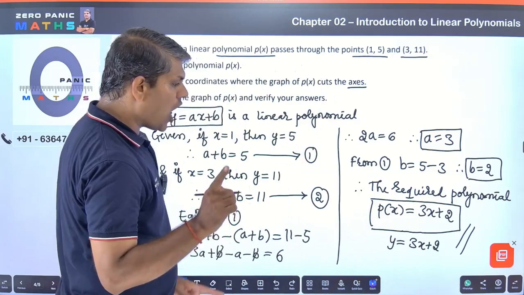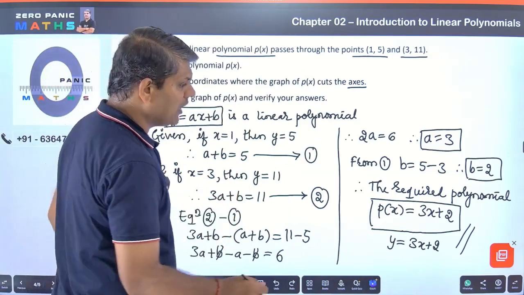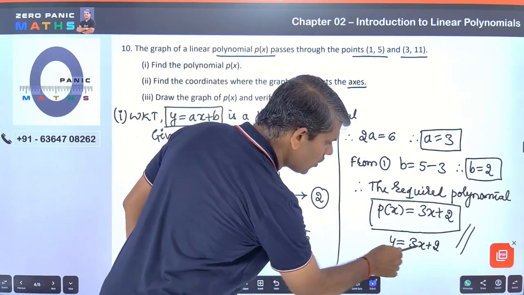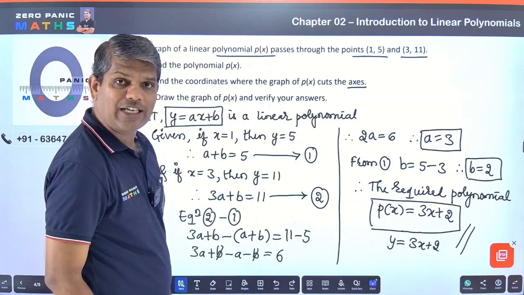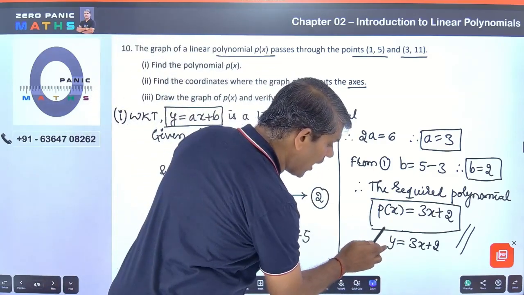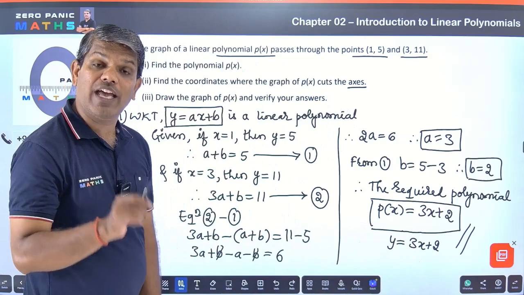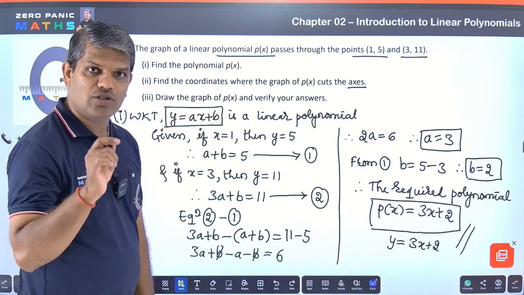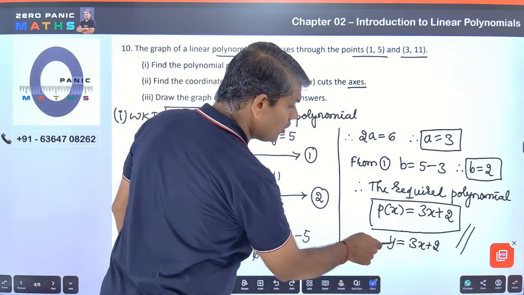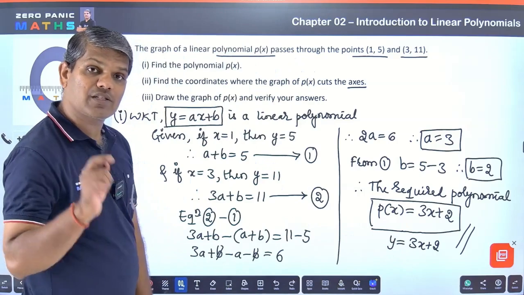In the previous sessions, we have discussed that if you put x is equal to 0, whatever value of y you get, that is the point where the y axis is cut. If you put y is equal to 0, whatever value of x you get, that is the point where the x axis is cut. Understood this? x is equal to 0, the y axis will be cut. y is equal to 0, the x axis will be cut.